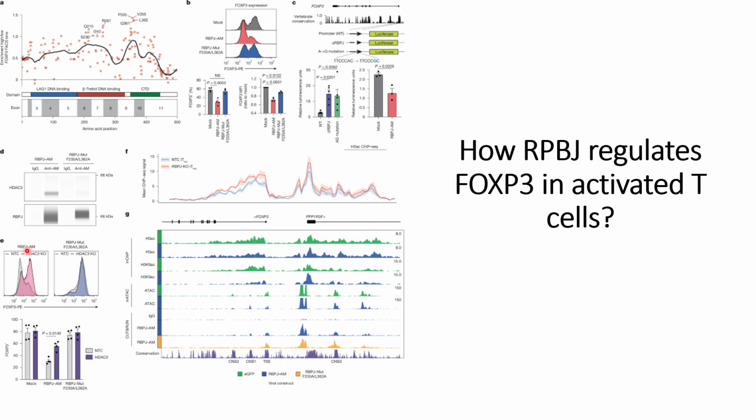And when RBPJ is overexpressed, I forgot to explain this panel before going to the next panel. In this panel, when RBPJ is overexpressed, they can see that in the control case, FOXP3 is low.